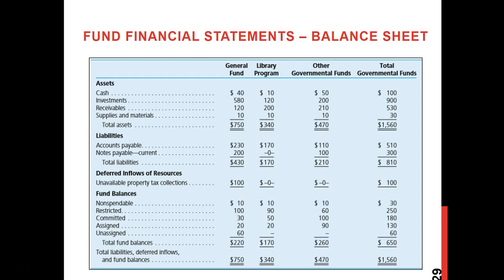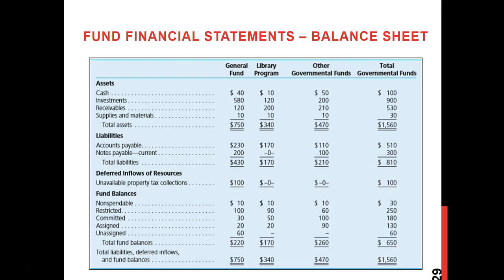There are two reasons: some assets such as supplies or prepaid expenses are simply not in a spendable form, so that covers those types of items. Second, financial resources are occasionally received that cannot be spent because of some externally imposed limitations. So these funds cannot be spent. That's why they call it nonspendable.